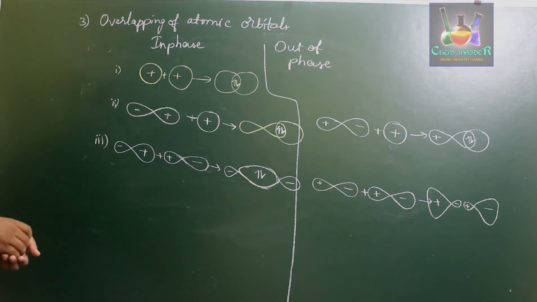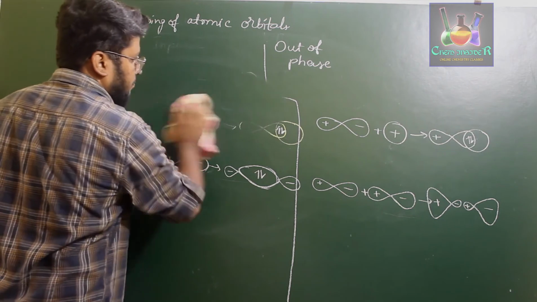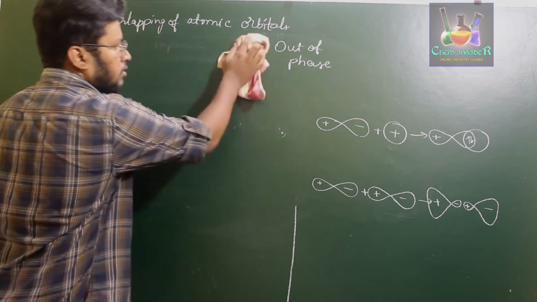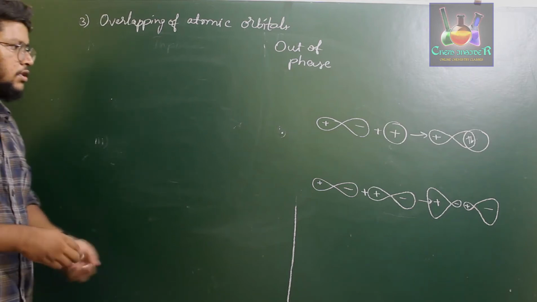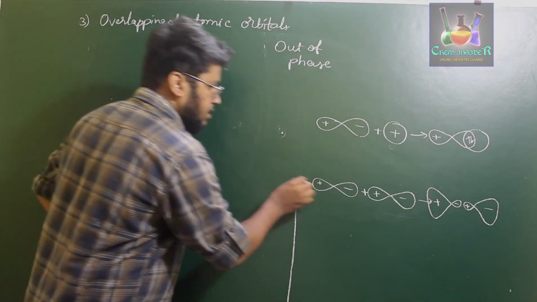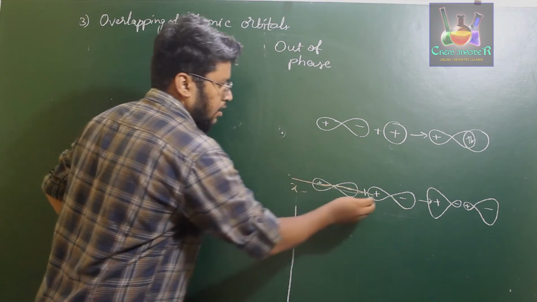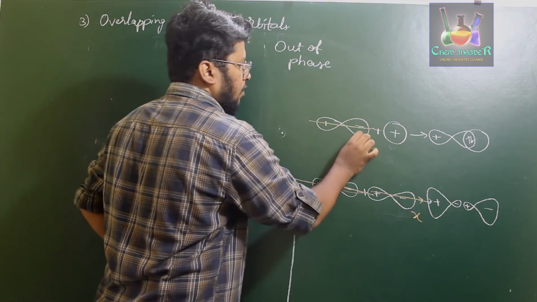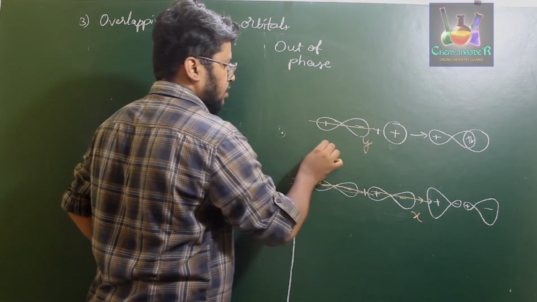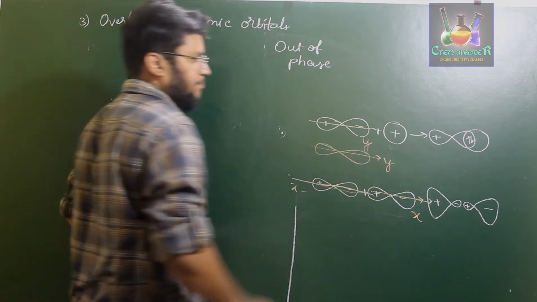And in case of the zero phase overlapping, what we observe is that the direction and the signs will be different. So if you consider these two examples, if this is in the x-axis, this should also be in the x-axis. If this is in the y-axis and you consider one more p orbital, that should always be in the y-axis.